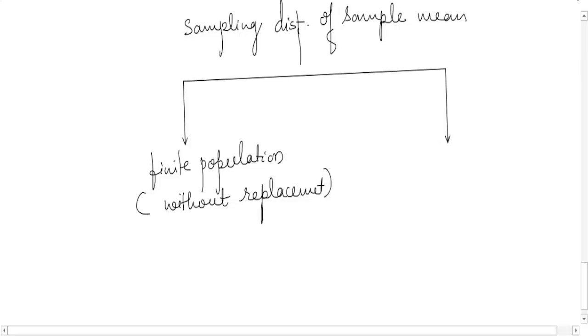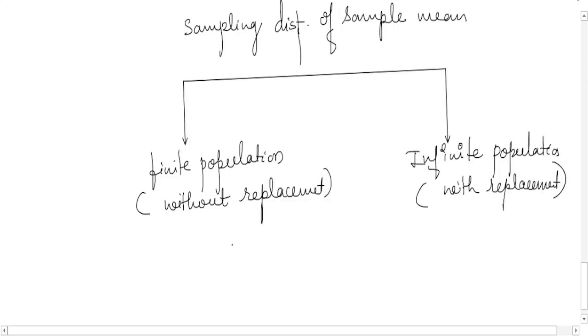And the second one is infinite population, with replacement. In finite population with replacement, if capital N is the population size and small n is the sample size, the formula is N to the power n, and in without replacement it is NCn, just to remember.